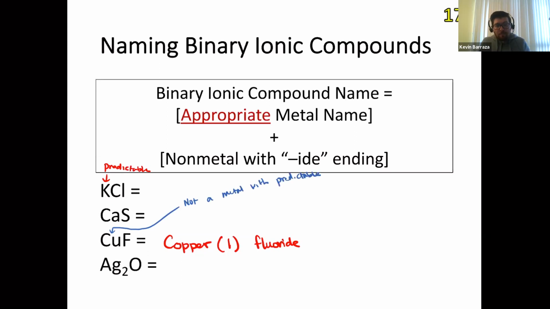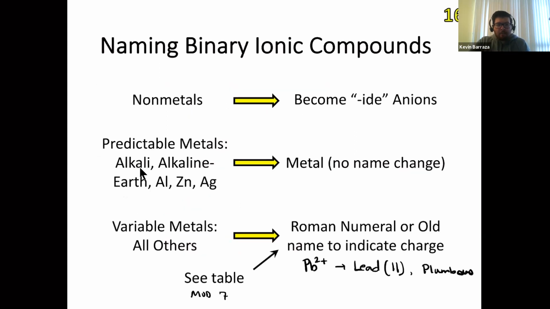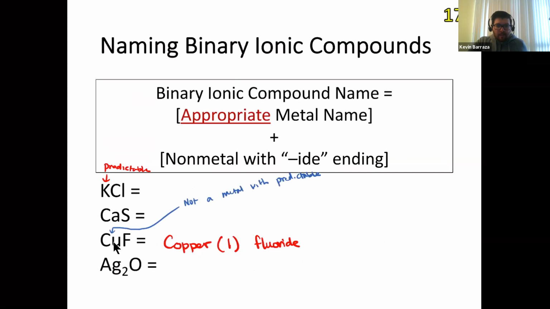Remember the predictable are my group 1A, group 2A, and then aluminum, zinc, silver. Those are the predictable ones. Copper is not part of that. So because it's a variable ion, we have to tell the reader what the charge of this ion is.